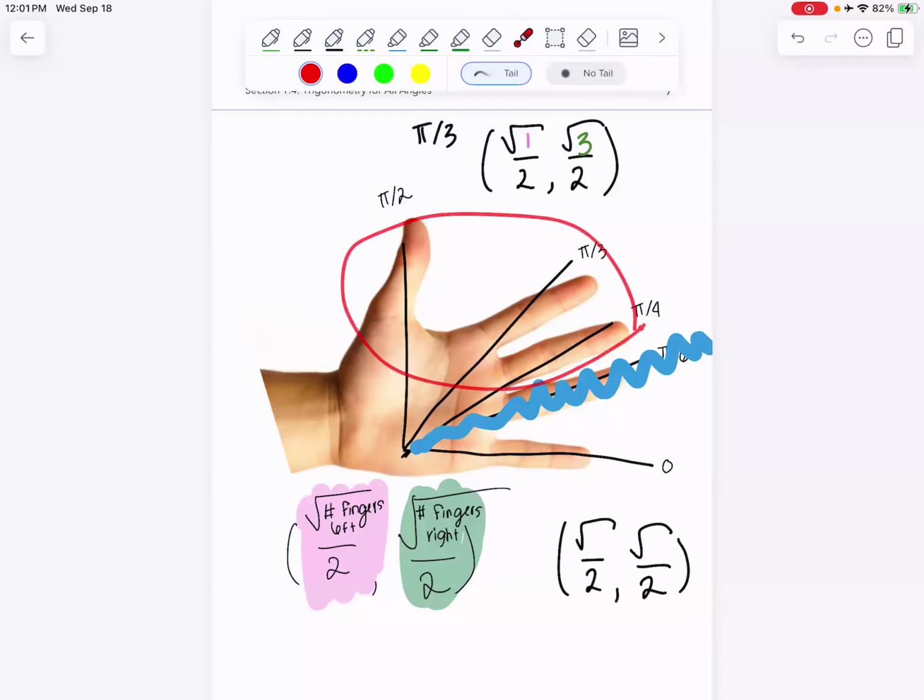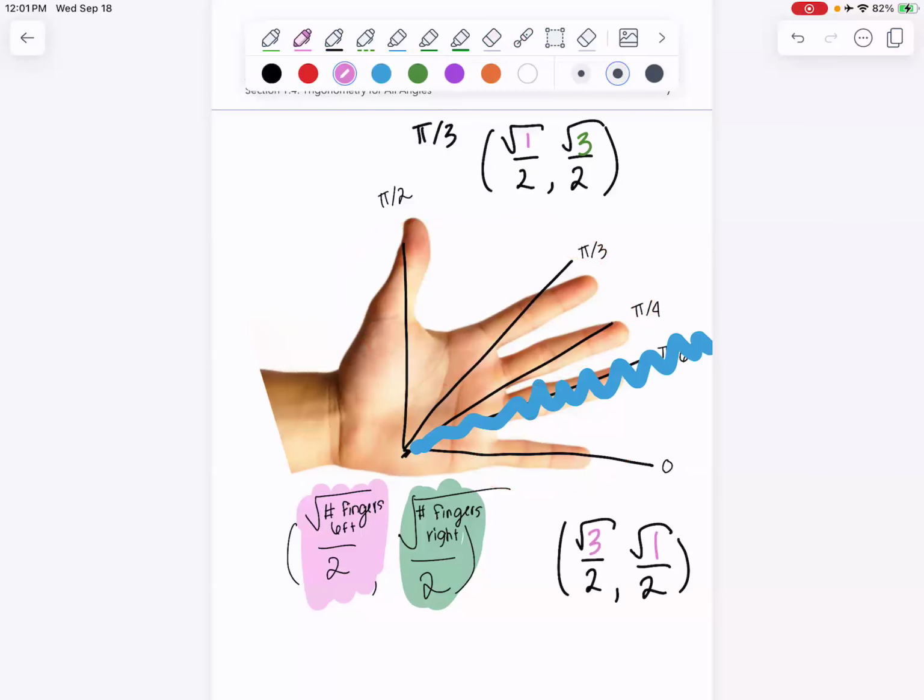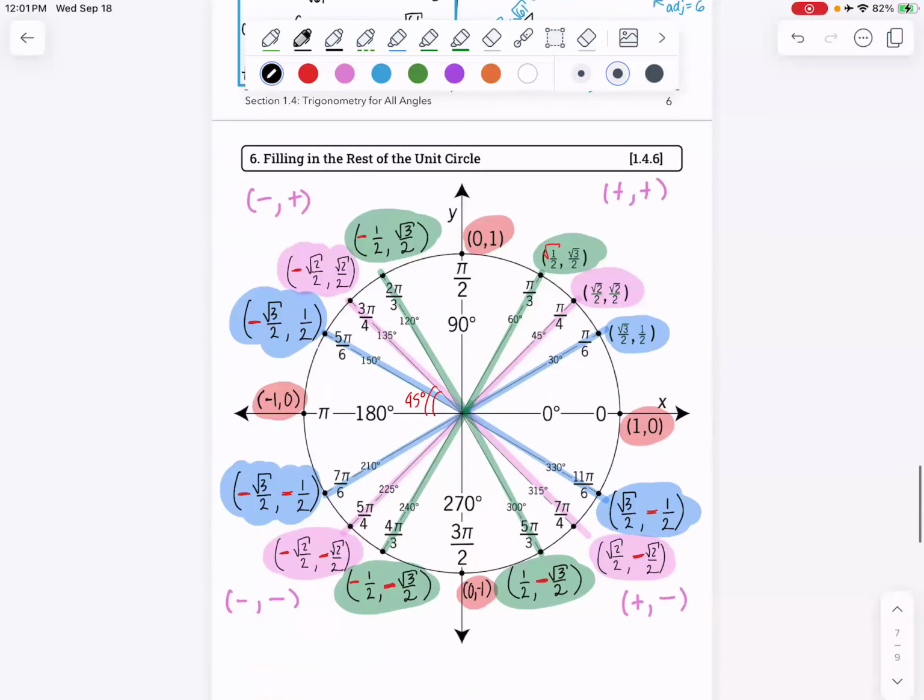For this one, 3 fingers left on the left side and 1 finger left on the right side. So for pi over 6, the coordinate point should be square root 3 over 2, comma, 1/2.